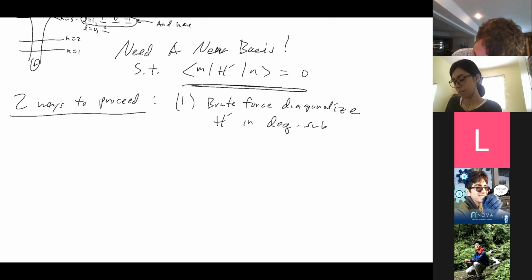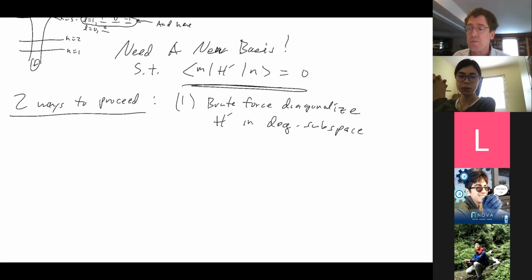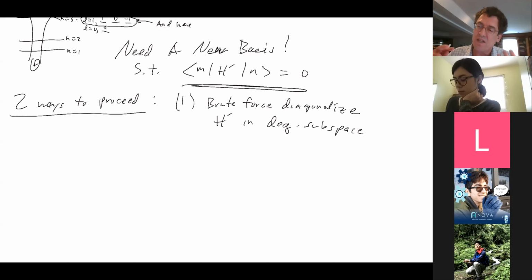We actually did that in class when I did the covalent bond example, where I diagonalized H prime in a degenerate subspace for the simplest case of 2 degenerate states. But now we have a much more complex scenario, with 2n squared degenerate states, so for each state we're going to have to do it all over again.